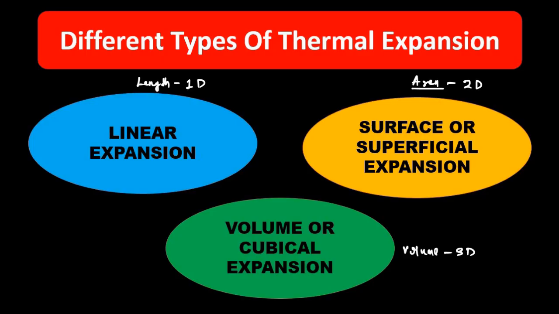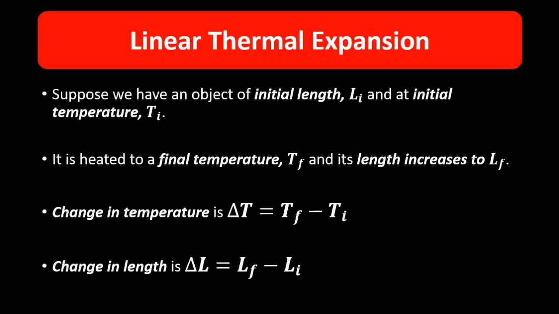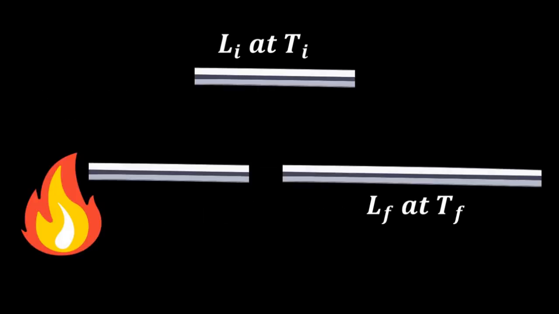So first, linear thermal expansion. Linear thermal expansion is the increase in the length of an object because of application of heat. Let us say we have a metallic rod which is at an initial temperature of Ti and it has a length Li. Initial length Li, initial temperature Ti.